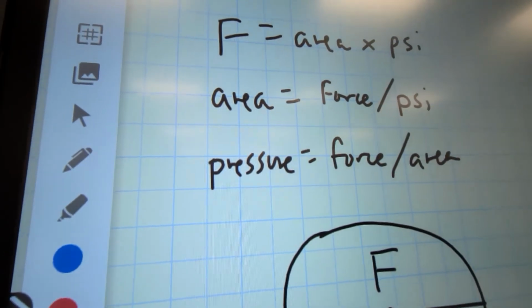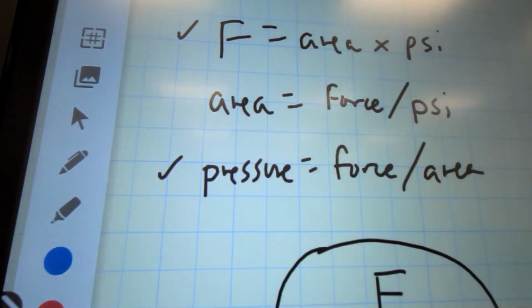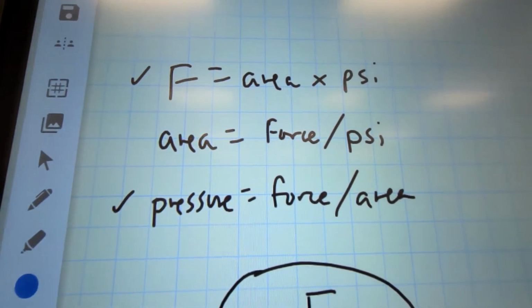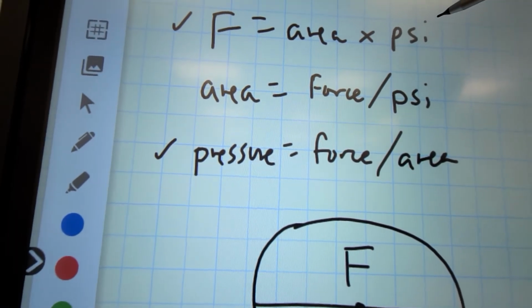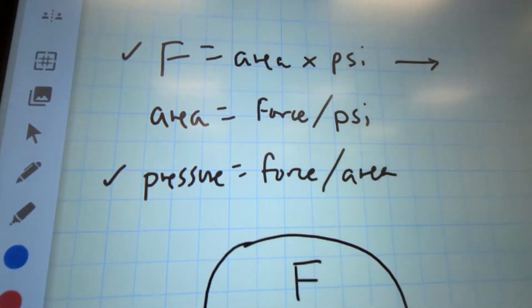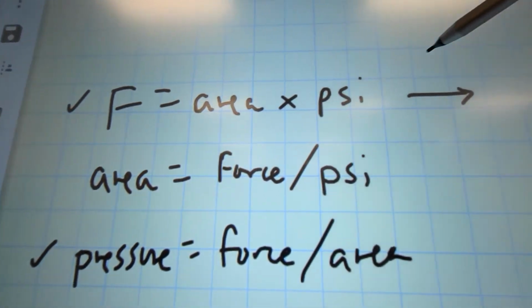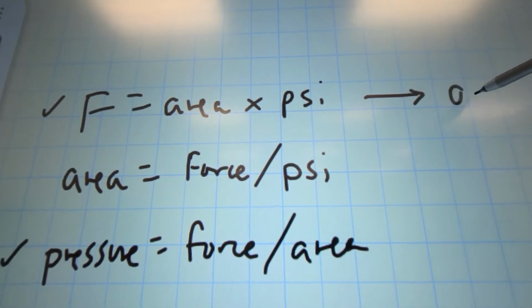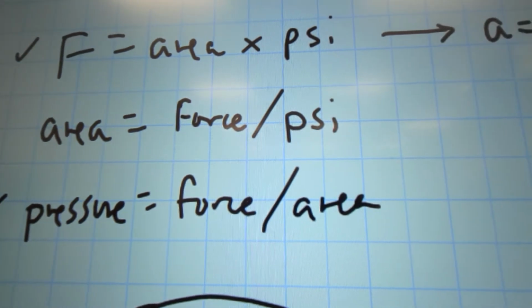So probably the more useful of the two might be this first one here, and probably this last one right here. So for example, if I needed 1,000 pounds of force, and I have 300 psi to work with, I can rearrange this one to get the area. So area is force over psi.